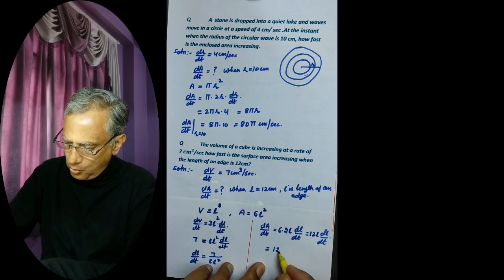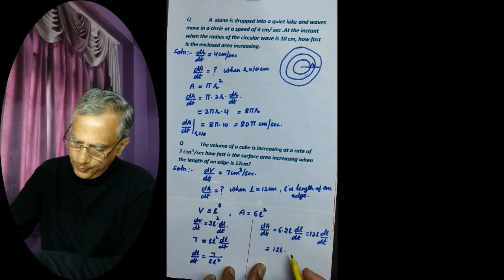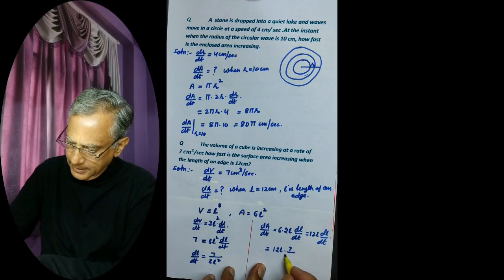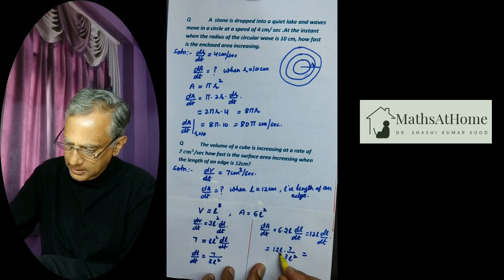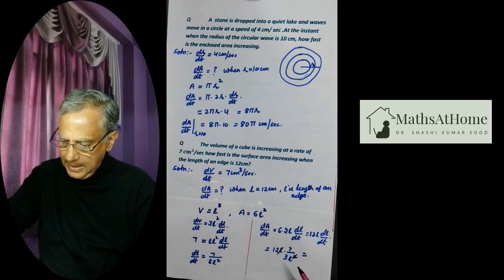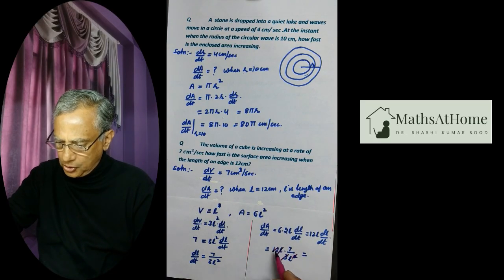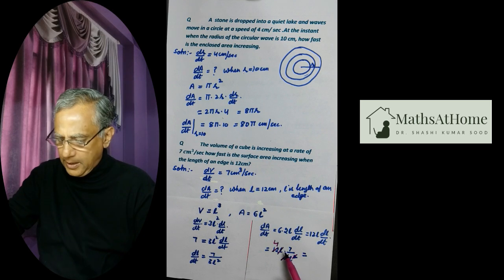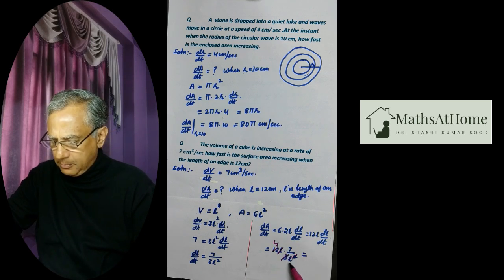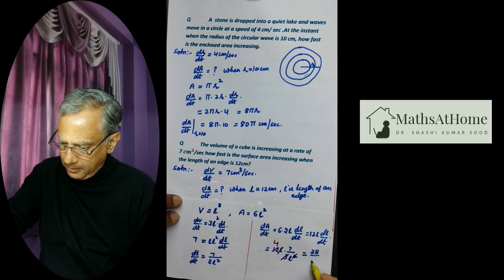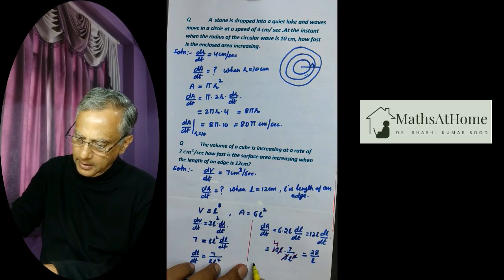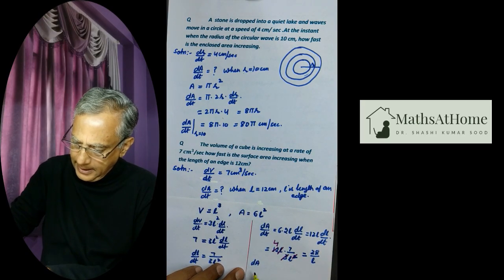So this is equal to 12L into 7 by 3L square. L cancels, this 3 cancels with the 12, and we get 28 by L.